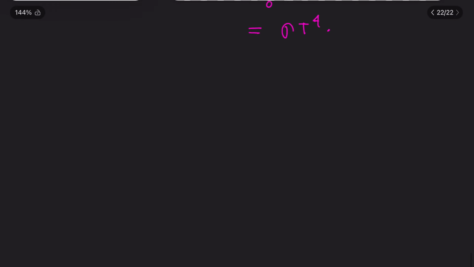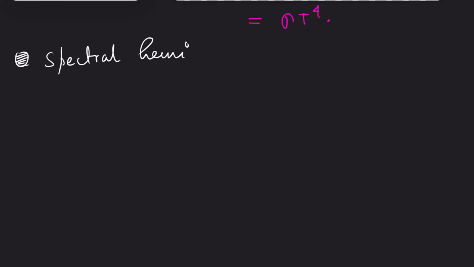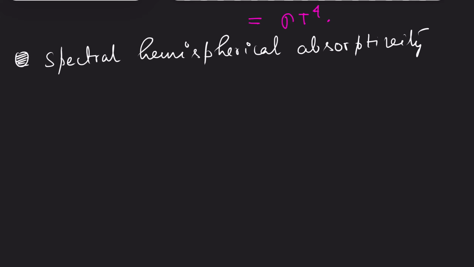Now we will start one by one with spectral hemispherical absorptivity. Absorptivity is a function of lambda because it is spectral.